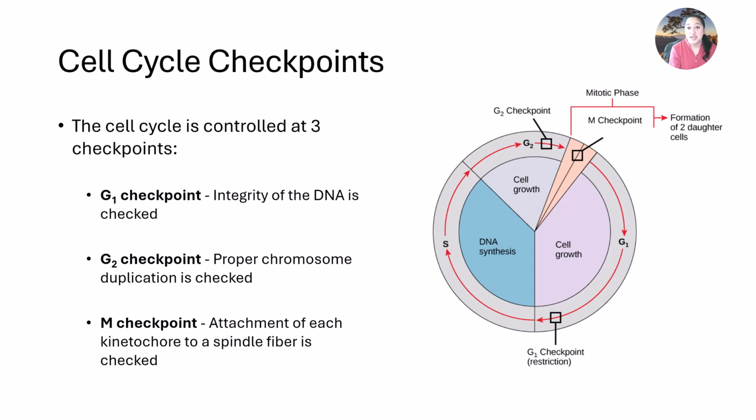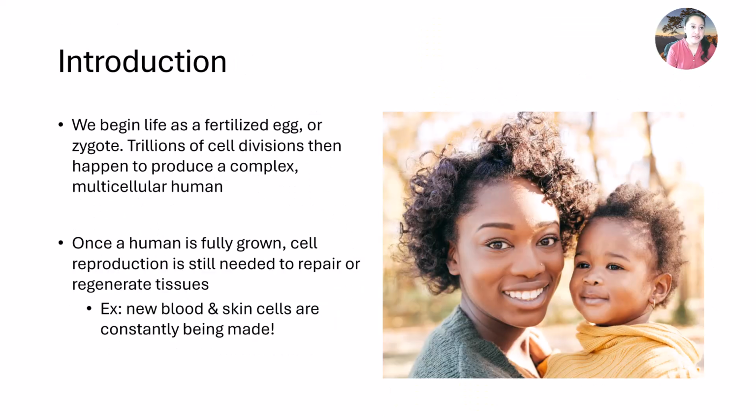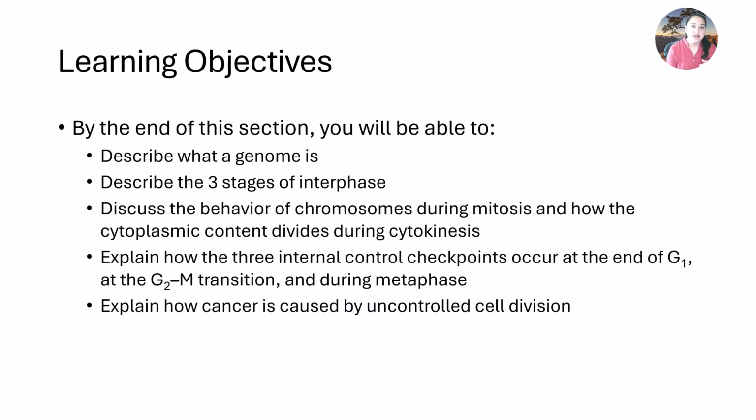And if you ever look at a baby, just think, wow, it's going through mitosis right now. How does a baby go from this big to a full-size human? Through mitosis.